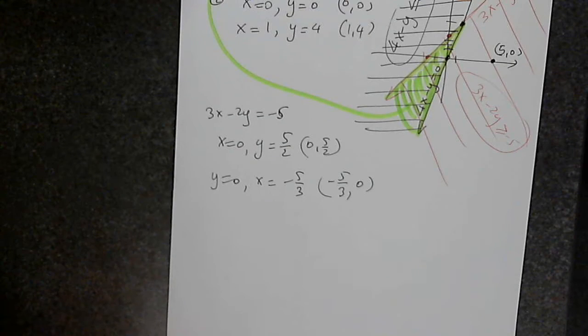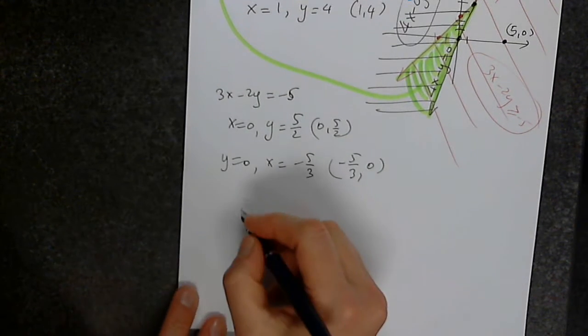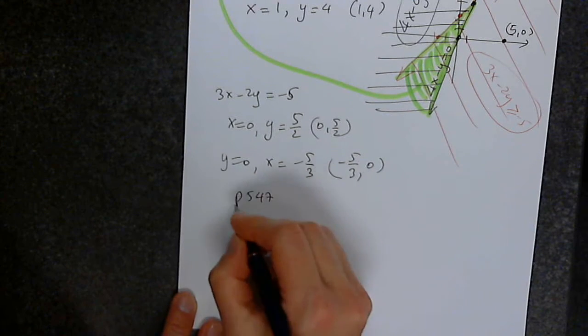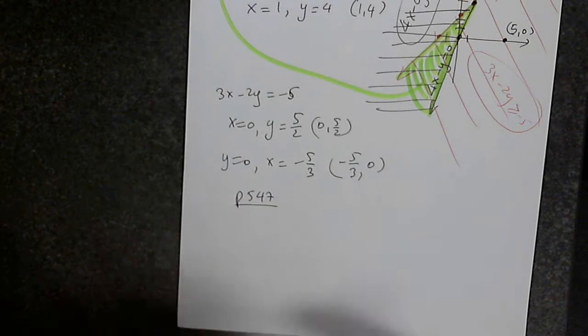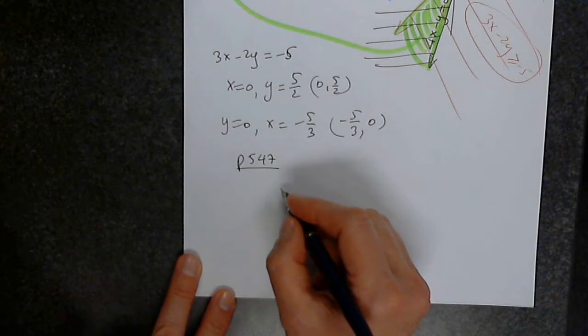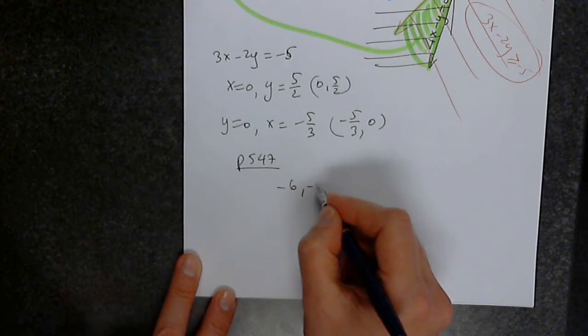Ladies and gentlemen, chapter 8. So on page 547. That was chapter 9. Now this is 8 and then we have 4. A line passes through -6, -1.